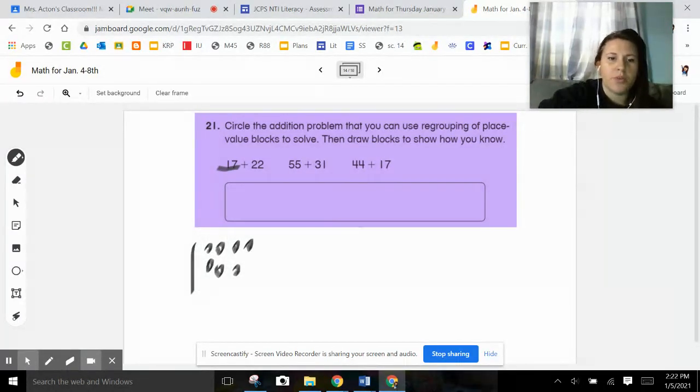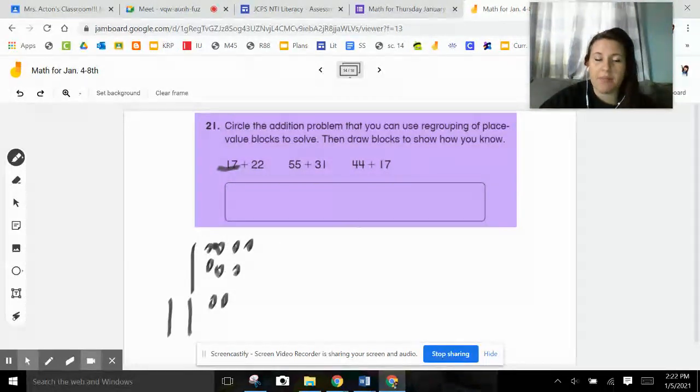Then I'm going to make my number 22, 1, 2, 3, 4, oh, too many, and 2 ones. Now I need to see, can I make a 10 with all of these ones cubes? 1, 2, 3, 4, 5, 6, 7, 8, 9. No, I'll just write a 9 right there, and then 1, 2, 3 tens. So my answer is 39. But no, I didn't regroup.